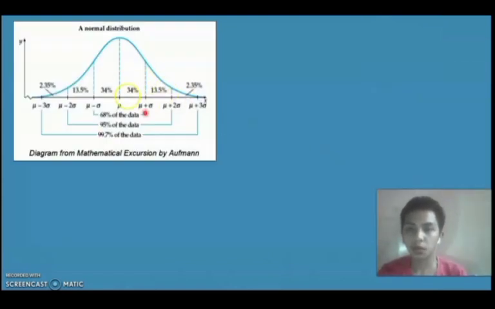This is the diagram for the normal distribution. We have here the area of this and this as 34%, and here 13.5%.